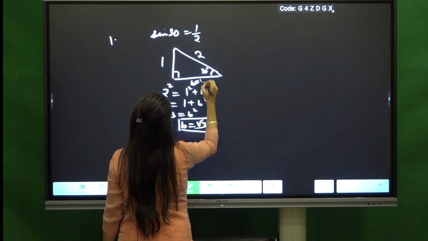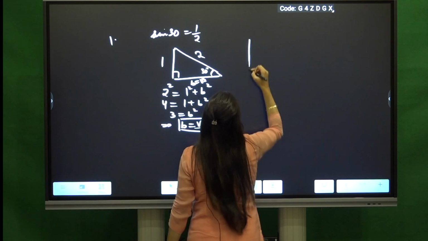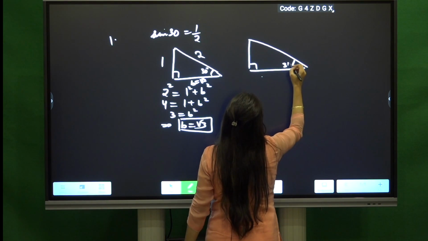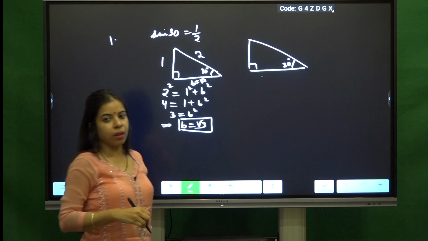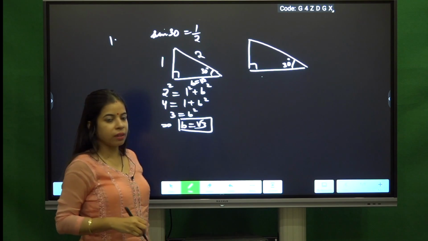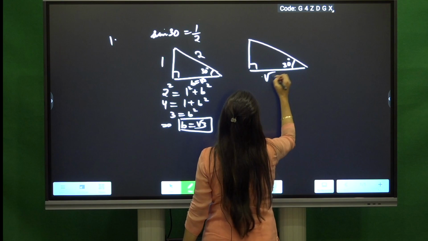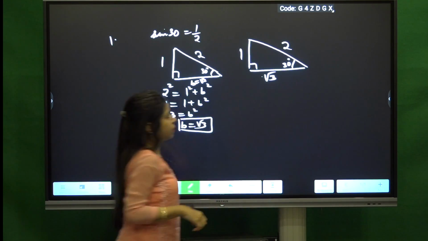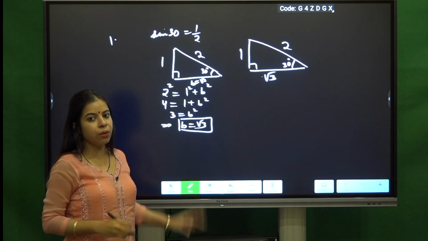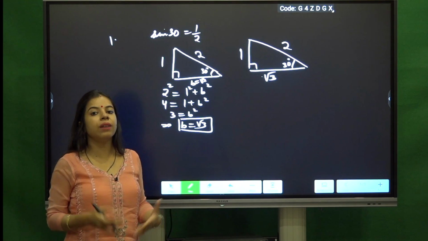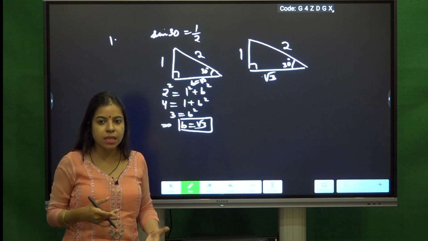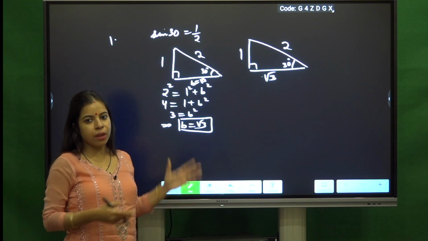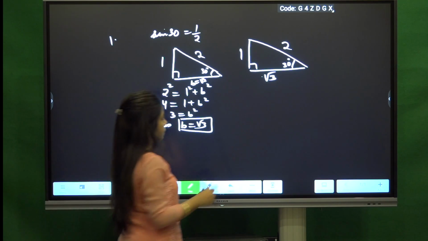So this is root 3, and we can consider another triangle with the same base, hypotenuse and perpendicular. So this is the scenario. Let us calculate the value of sine 60, cos 60, tan 60, all the ratios using the Vedic technique.